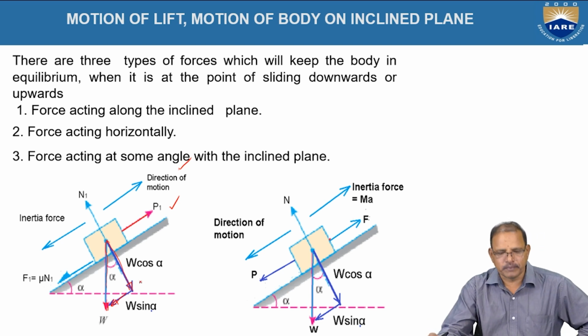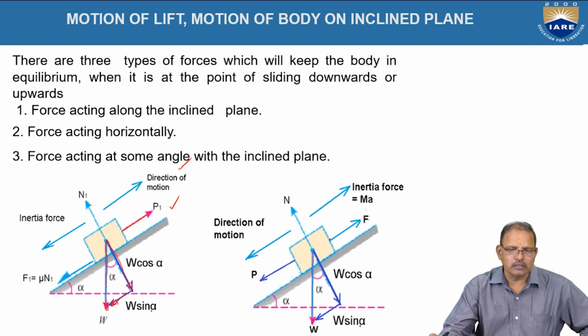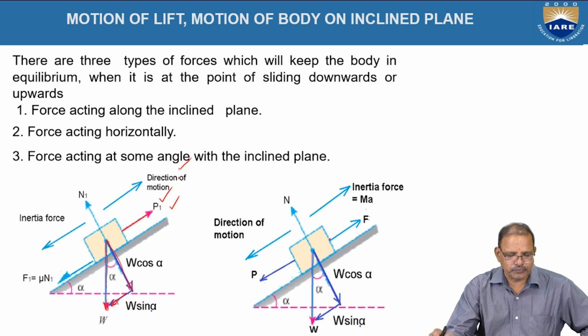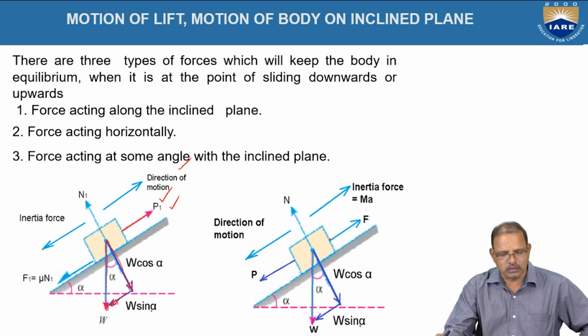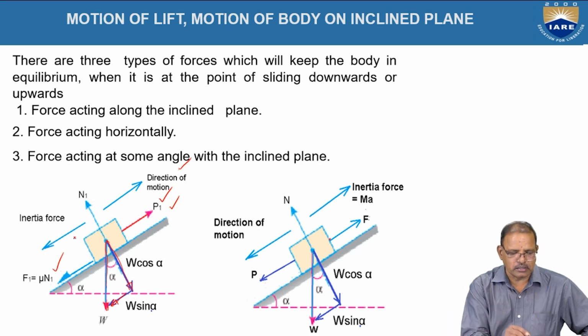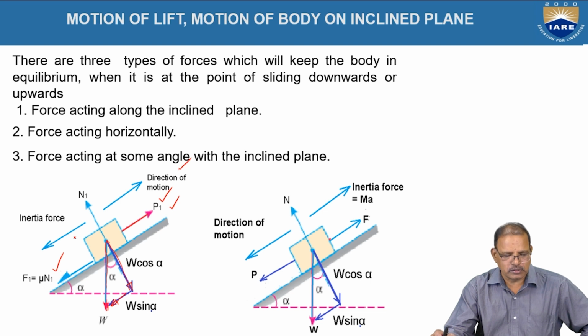The weight acts perpendicular downward and the horizontal component acts in the downward direction, as shown in the figure. P1 is the force applied along the plane. The friction force experienced between the body and the contact surface is F1 equals mu N1. It always acts opposite to the direction in which the body tends to move. Here the body tends to move upward, so the frictional force is taken in the downward direction.